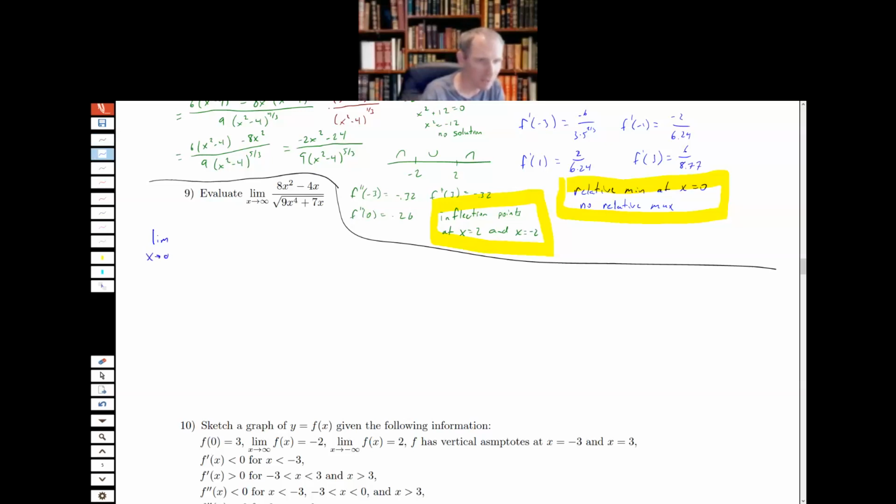I'm going to take this limit as x goes to infinity of 8x squared minus 4x, and then I have this square root. And if I just look for the biggest thing in the denominator, that looks like a square root of x to the fourth.